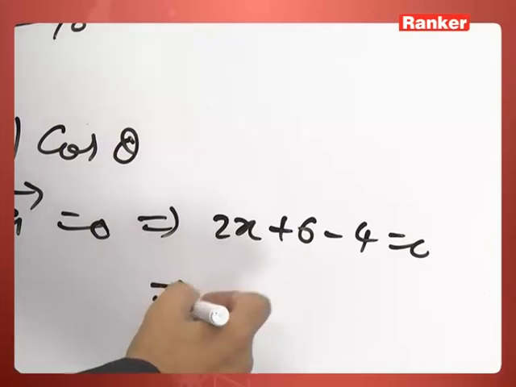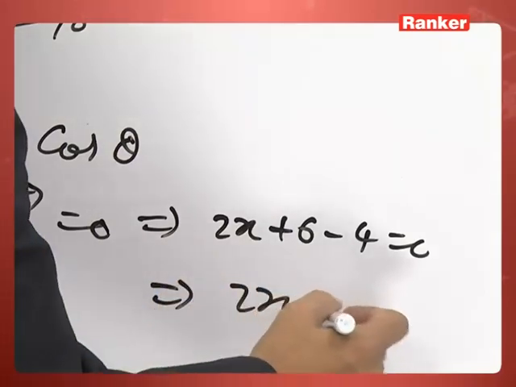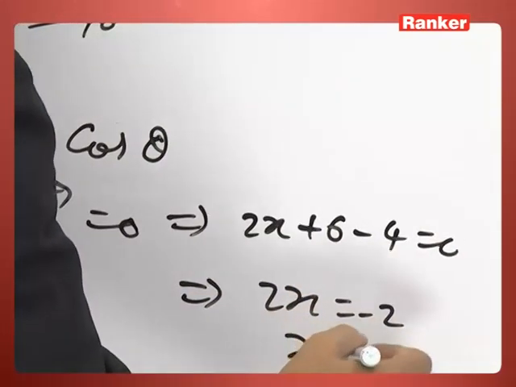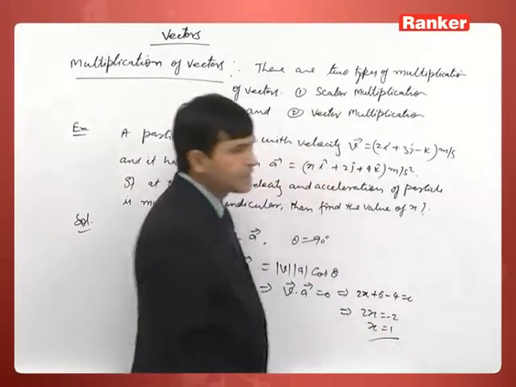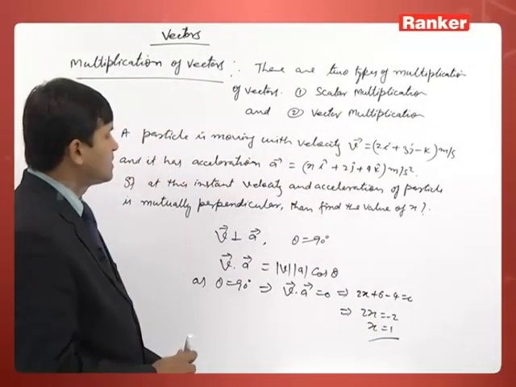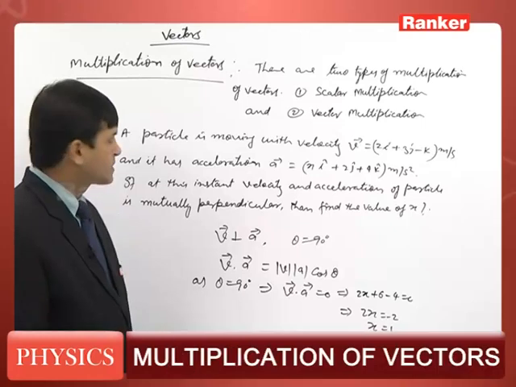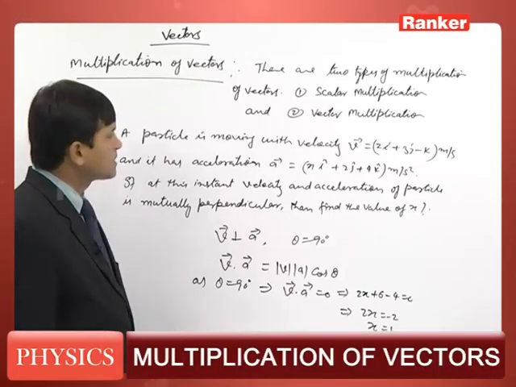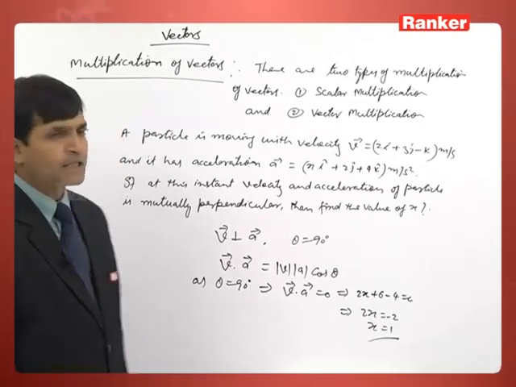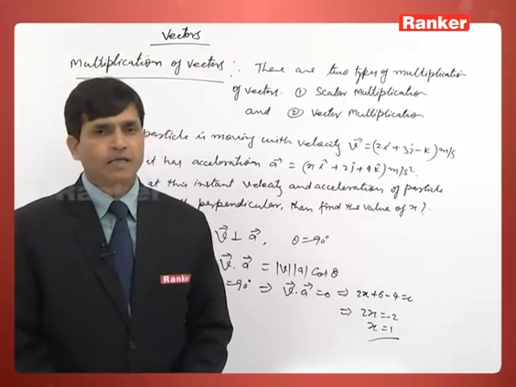So this gives us 2x is equal to minus 2, x is equal to minus 1. Likewise, we can solve this problem. So, this is just a small application of your scalar product.